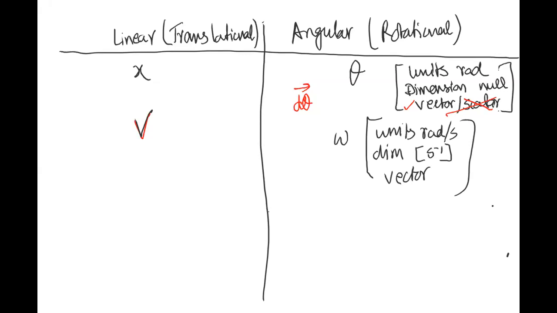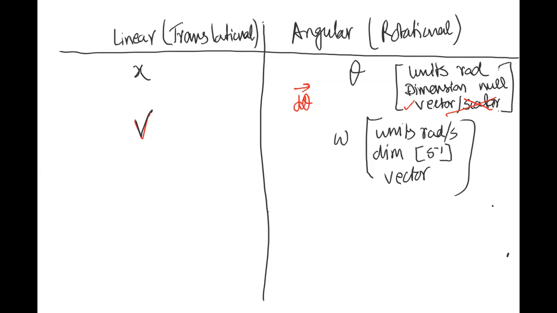Well, it turns out that any relationship which is followed by linear variables is followed exactly by angular variables as well. Because ultimately, linear variables are a description of motion. Angular variables are also a description of motion.